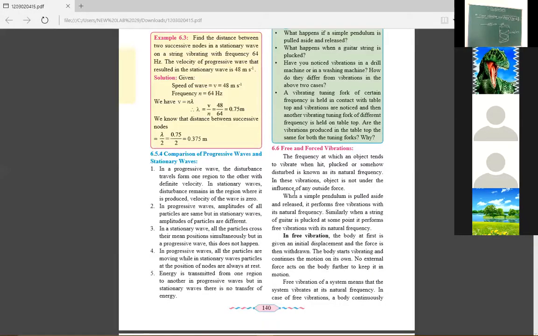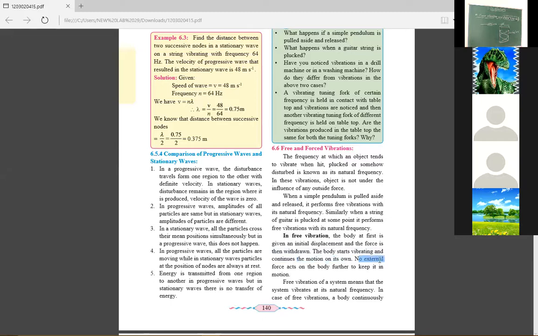Let's see the definitions. A body at first is given an initial displacement and the force is then withdrawn. The body starts vibrating and continues the motion on its own.